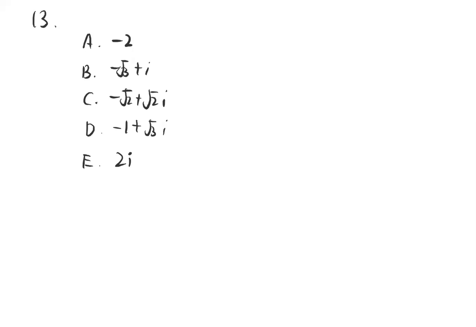When we have a complex number to the power of 5, it's usually not a good idea to do it in rectangular form. By rectangular form, I mean you can write a complex number as a plus bi.